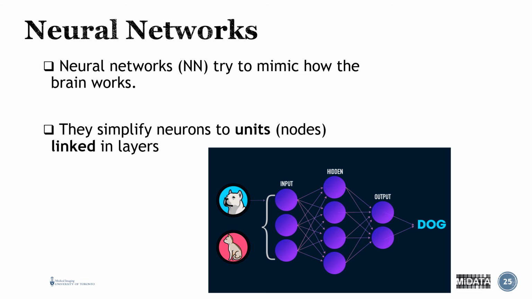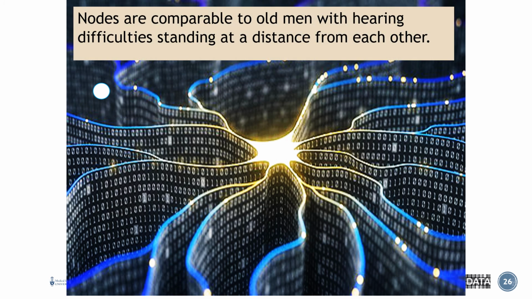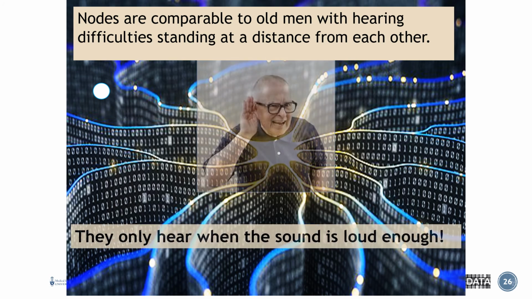Here you have a single input layer, a single middle hidden layer, and a final output layer. This is a classifier to classify animals into dogs or cats. Nodes are comparable to old men with hearing difficulties standing at a distance from each other. It could be old women, of course, but I chose old men for this example. And they only hear when the sound is loud enough.